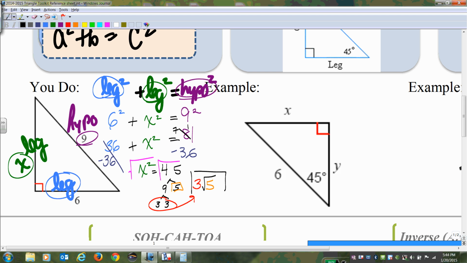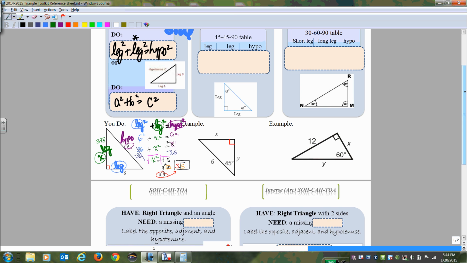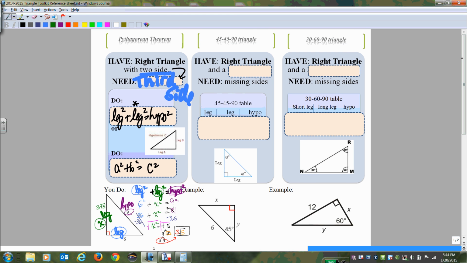So the final answer here for this leg is going to be 3 root 5. So that's an example of Pythagorean theorem. Again, when do we use this? We use this when you have two sides and you need a third side.